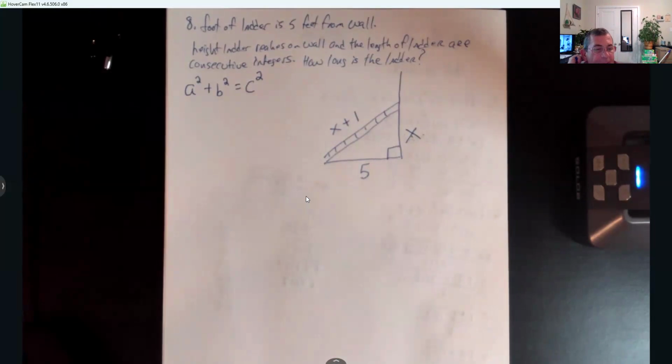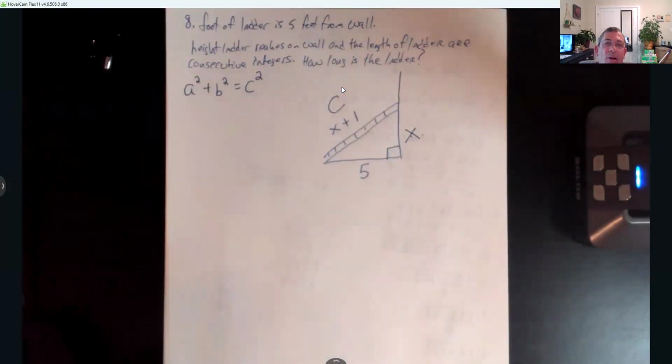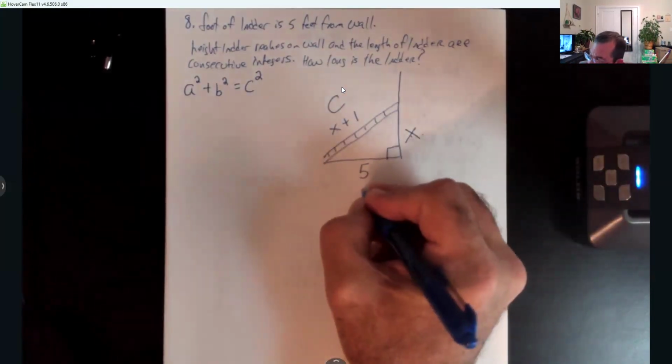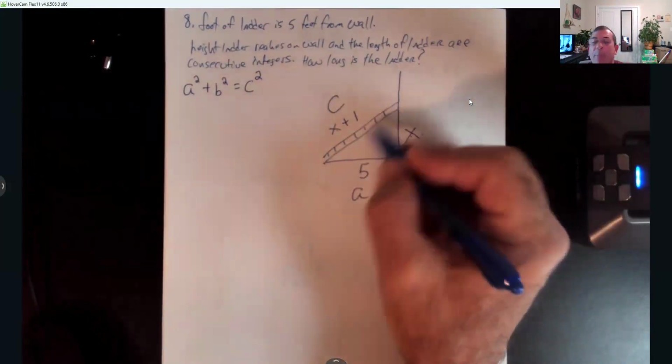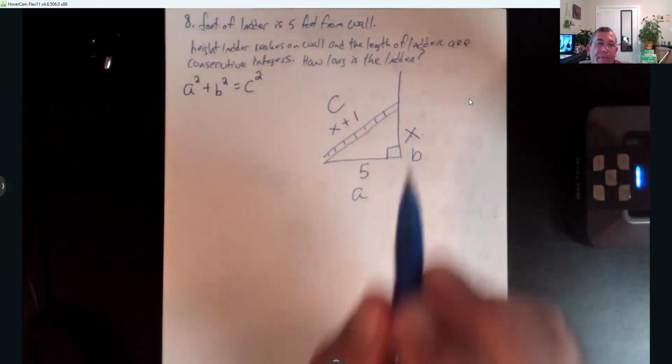You got the 5, you got the x, or the x plus 1. Which one would y'all put as your c on this problem? X plus 1, good job. So x plus 1 has to be c no matter what, and then these can be A and B, okay? The only one we're picky about is the hypotenuse has to be the C.